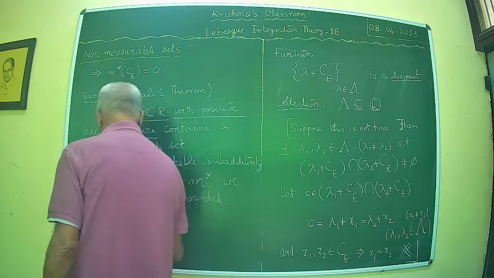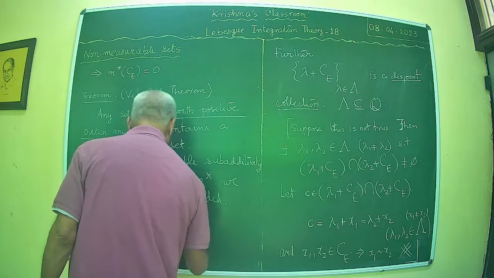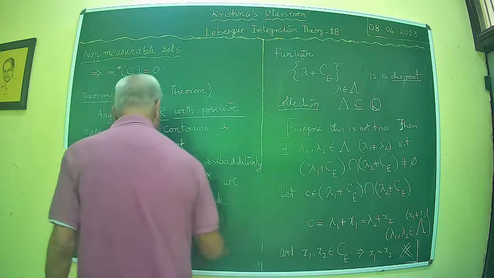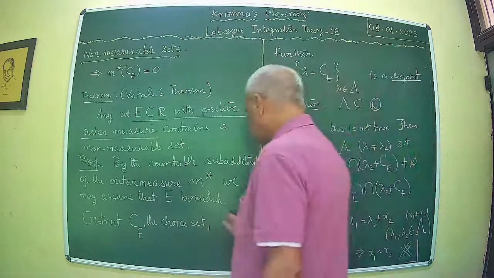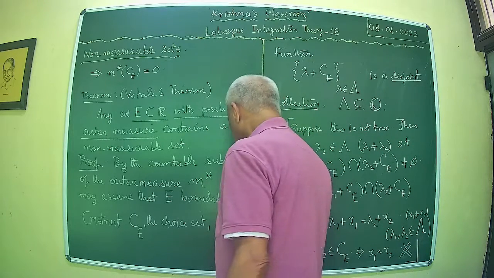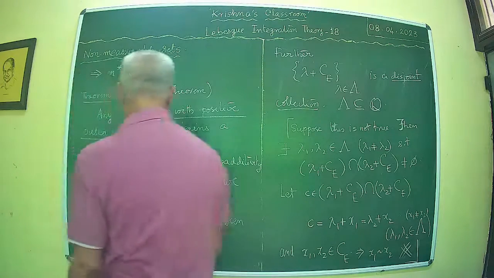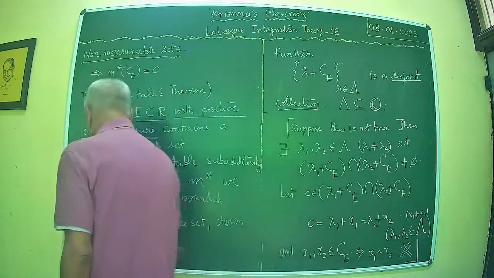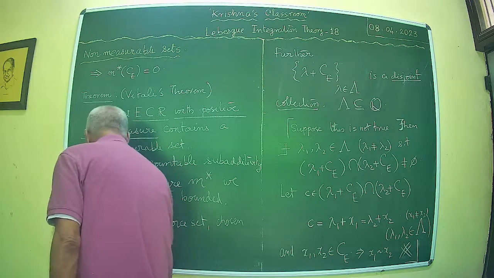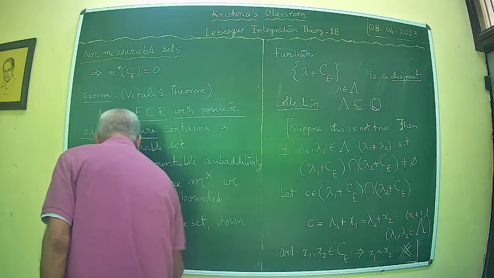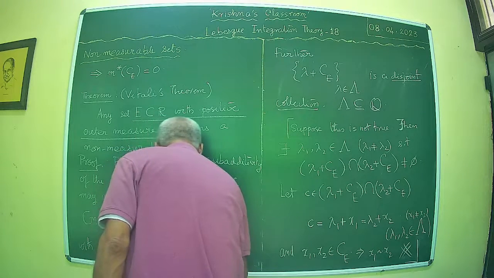C, a choice set chosen with the rational equivalence relation.